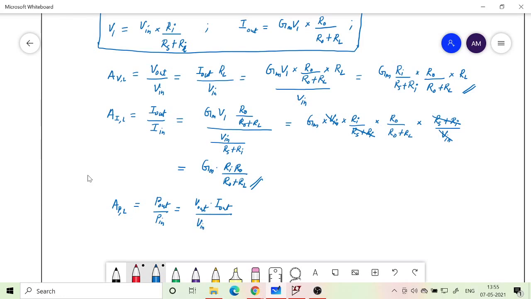V in into I in. Now you can think of it as AVL into AIL, right? I can combine these two and write it as the product of voltage gain into current gain. So you actually only need to do this, and then from this you will get it. Now you tell me why you are not able to do this.